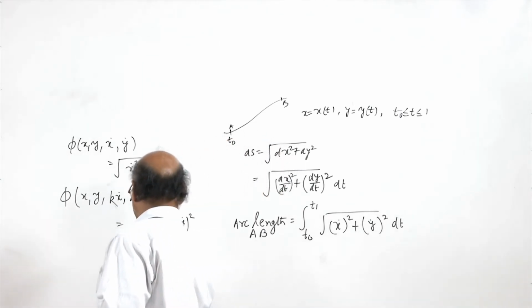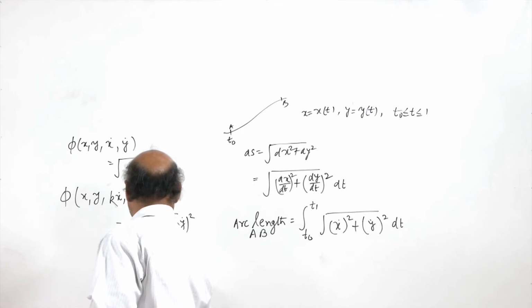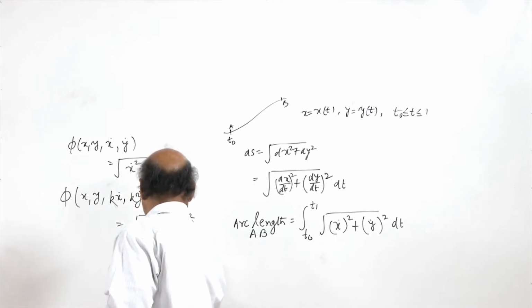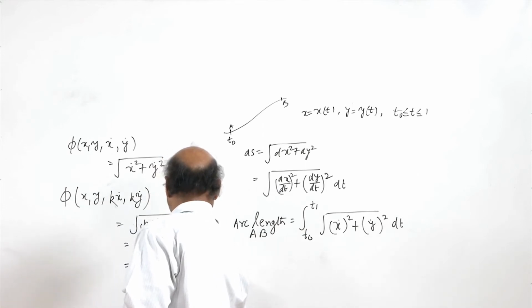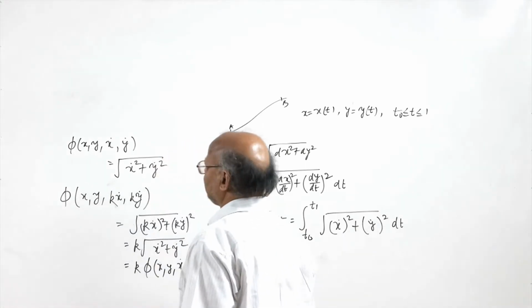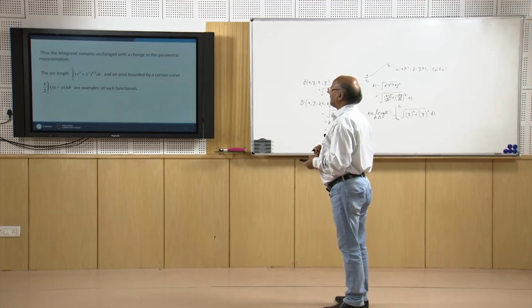So this is equal to k times phi of x, y, x dot, y dot. So phi is a homogeneous function of degree 1 in x dot and y dot.